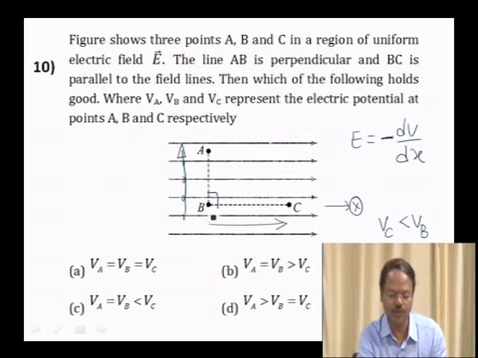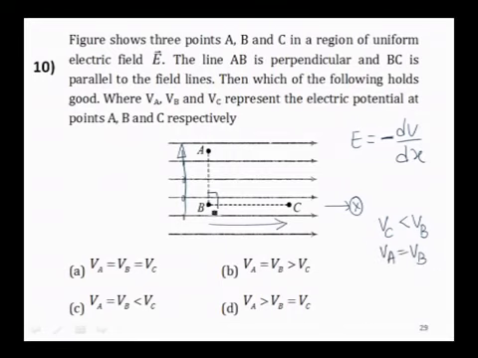This happens only if you go perpendicular, and they have given that the AB is perpendicular to the field lines, because BC is parallel to the field lines. So therefore you have VA equals VB, and both of them should be more than VC, and that is with this option B, VA equals VB and both of them are more than VC.